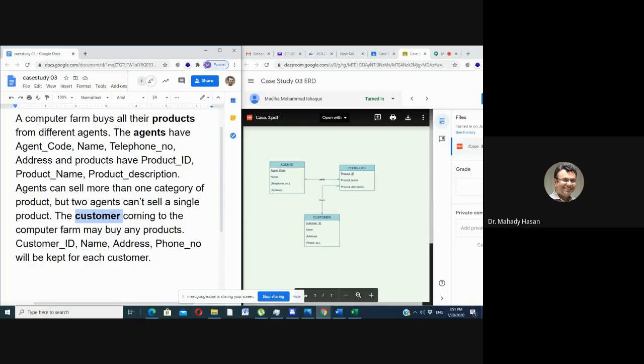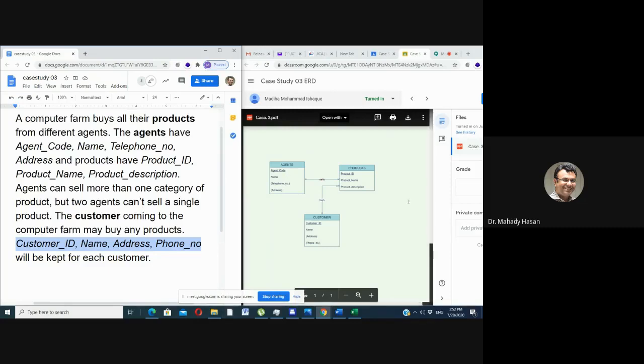The reason behind these being entities is that agent contains some information that I keep for the agent. Similarly, for product, we have product ID, product name, product description. Similarly, for customer, there is some information as well. As we know for ER diagram, that which has instances, which has attributes, and for which we need to store data, we can consider as an entity.